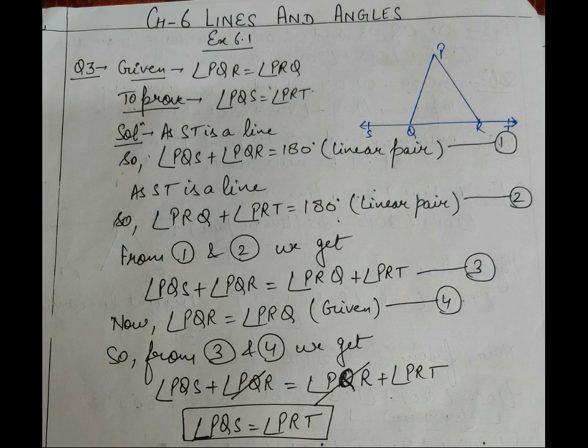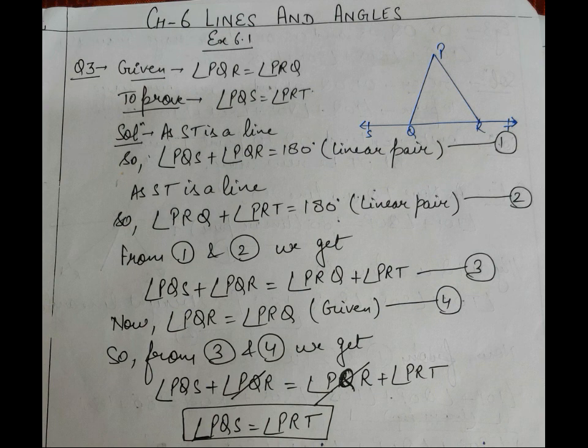Now from first and second we get angle PQS plus angle PQR is equal to angle PRQ plus angle PRT, and name this as equation number 3. Now angle PQR is equal to angle PRQ as it is given to us, so name this as equation number 4. Now from third and fourth, in the next equation I have used the third and fourth equations and replaced angle PRQ with angle PQR.